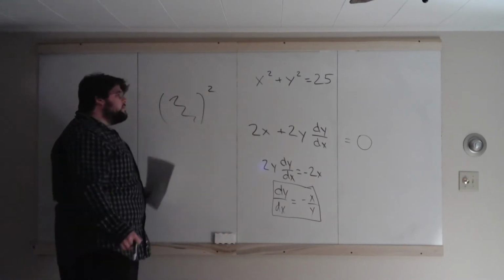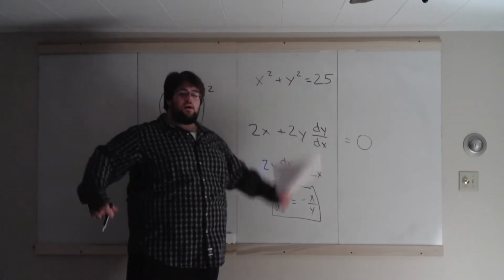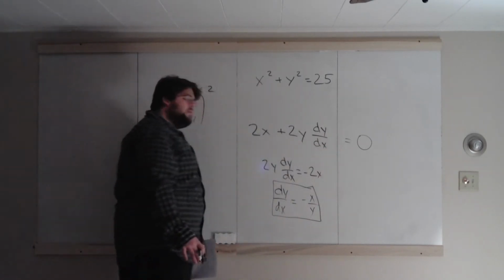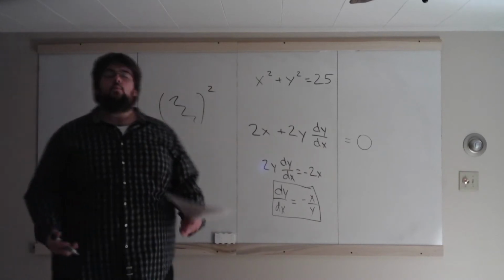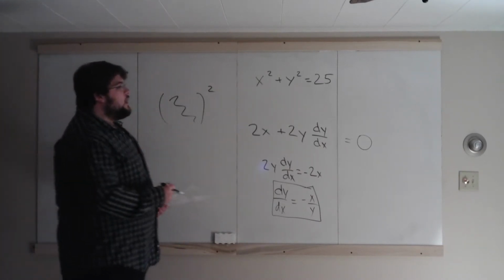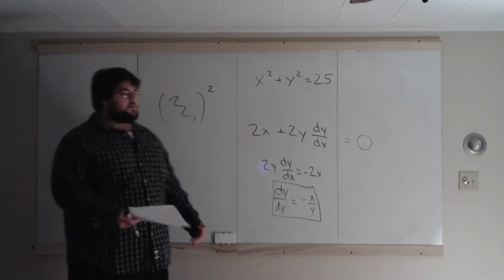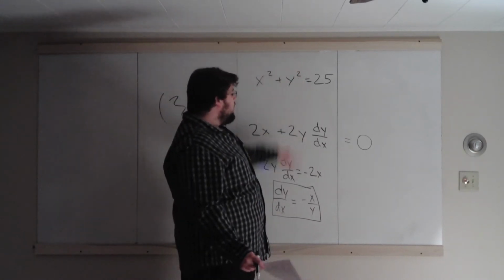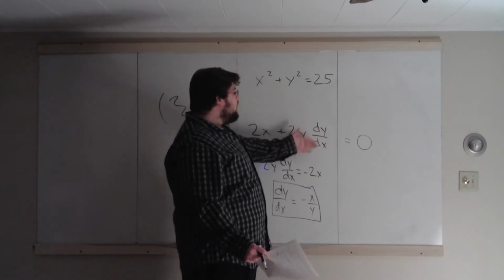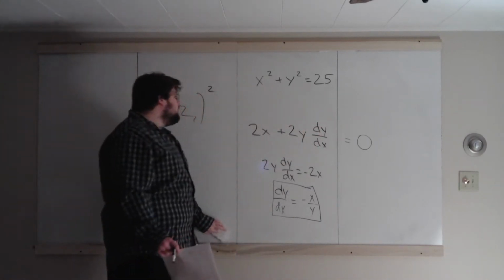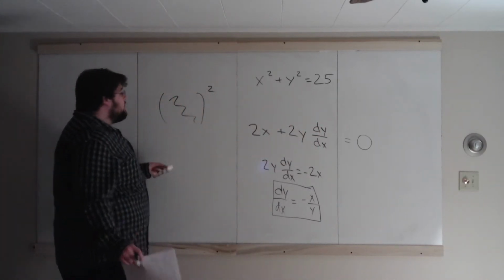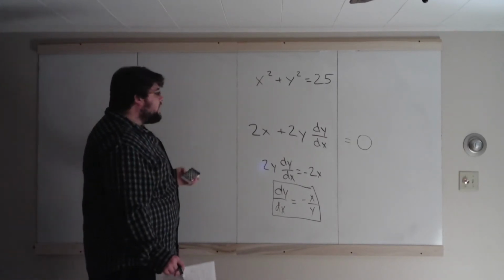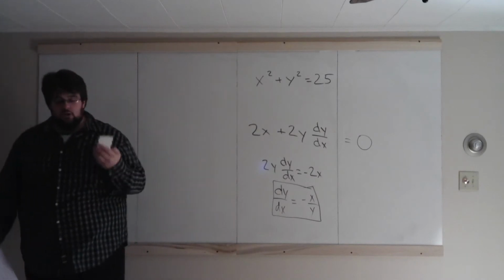Whenever we take the derivative of a y variable with respect to x, we're going to have to apply the chain rule. So one thing you can think when you're doing these implicit differentiation type questions is, when you take the derivative of a y piece with respect to x, you always throw a dy dx on it. And that's because of the chain rule. It's very useful to keep in the back of your mind that that shows up because of the chain rule.